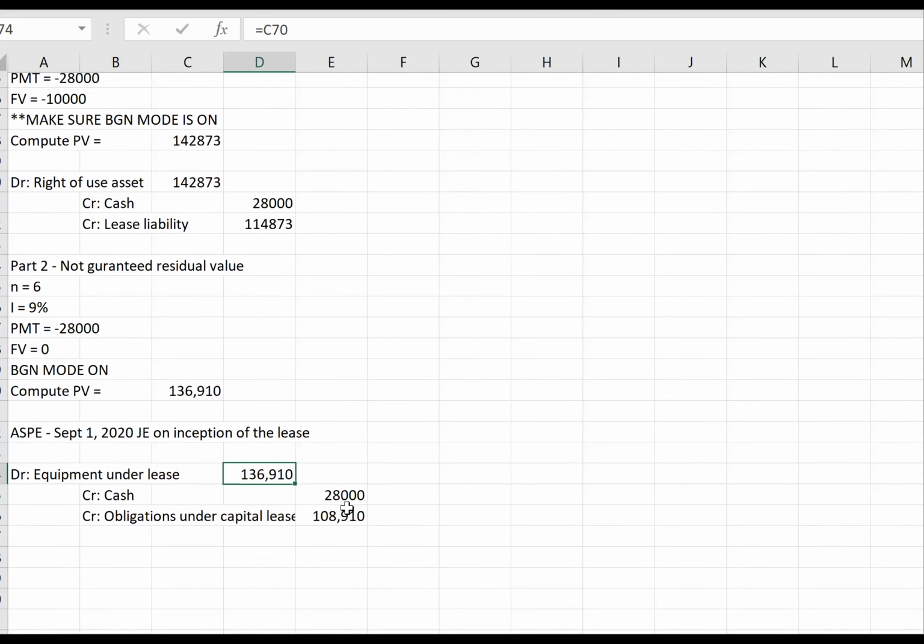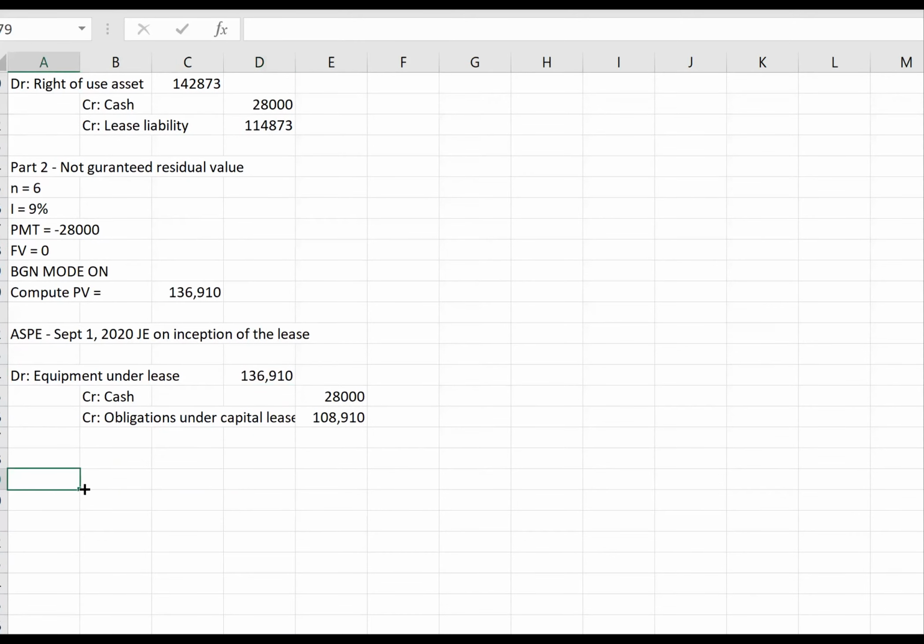Okay, so basically if we put these side by side, they want us to contrast here. So contrast journal entries under ASPE, right?